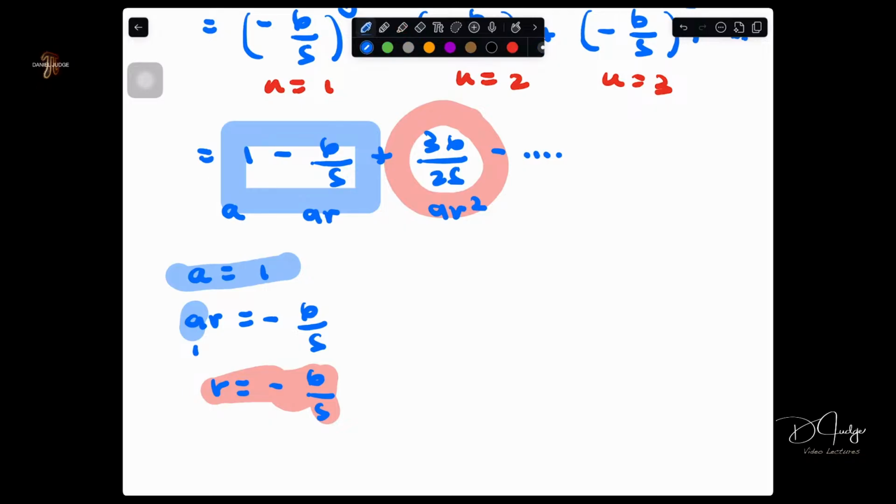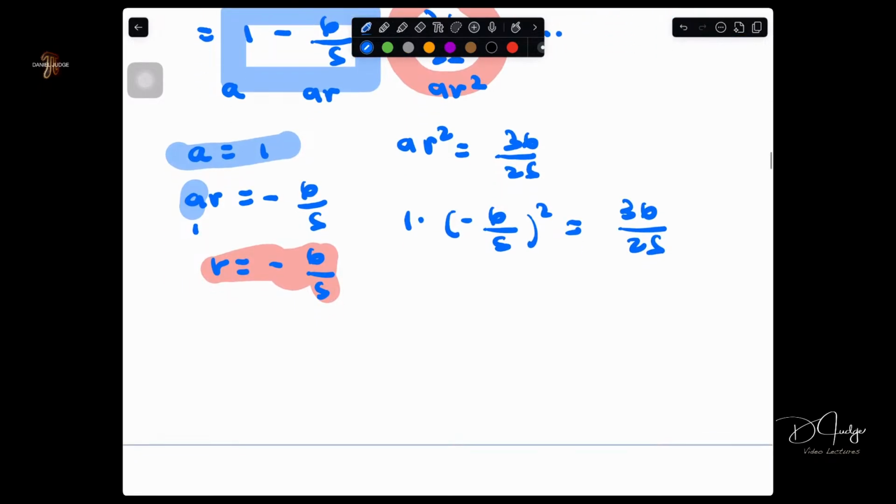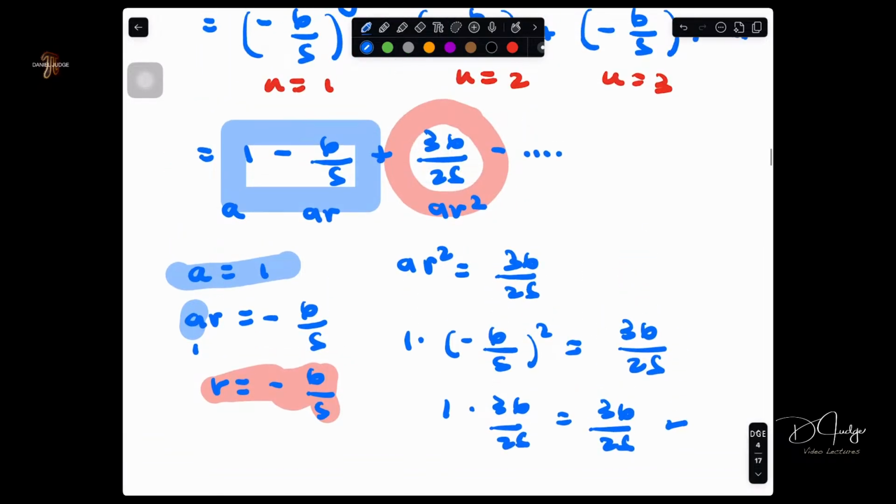All right, we got to double check. Is AR squared equal to 36 over 25? That means 1 times -6/5 squared has to be that third term of 36 over 25. Doing some arithmetic, sure enough, we verify that we get 36 over 25. Okay, that means we have a geometric series. The series is geometric.